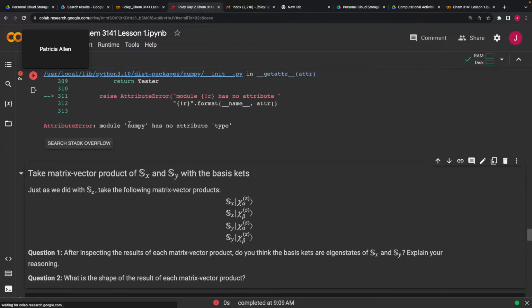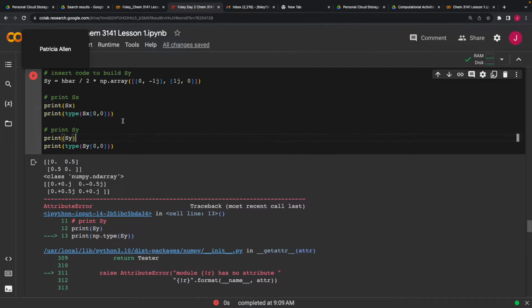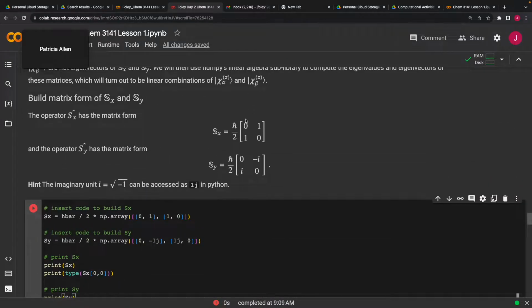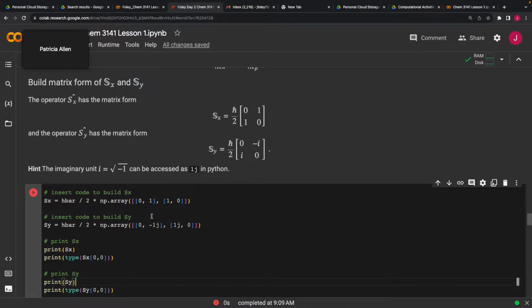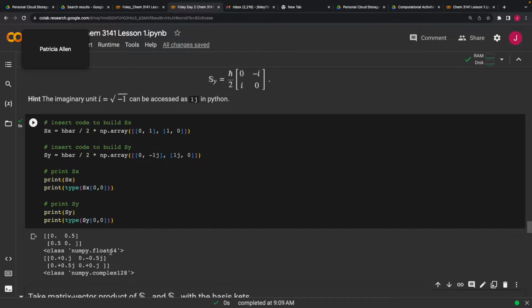Is that better? Nope. I think I have to access an individual element. Sorry. Okay, type of entry 0, 0 of SX, that's the number 0 here, and entry 0, 0 of SY, that's the number 0 here. Those types, I should see float. Okay, yeah, float 64 and float complex 128.